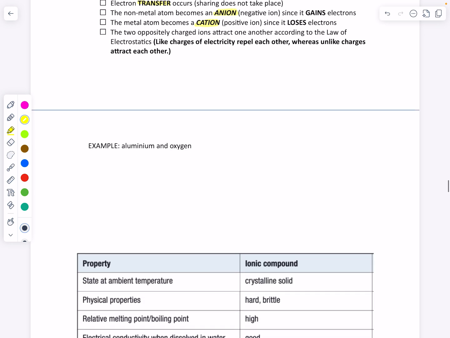Let's look at an example. Aluminum and oxygen, a metal and a nonmetal, in the pursuit of fulfilling the octet rule will gain or lose electrons.